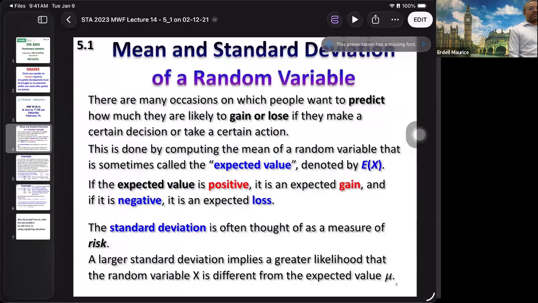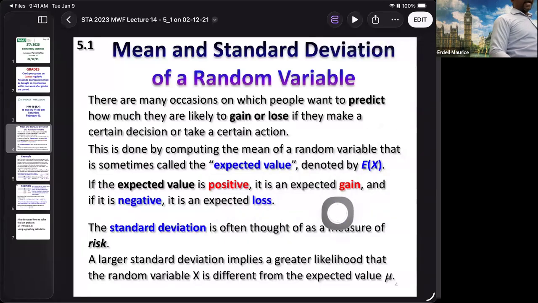There are many occasions when we want to predict how much we are likely to gain or to lose. This right here, again, is still called your expected value. If your expected value is positive, it means you're gaining. And if it is negative, it means you are losing. Now, anyone ever heard of a casino?